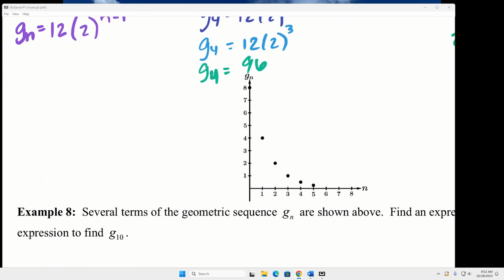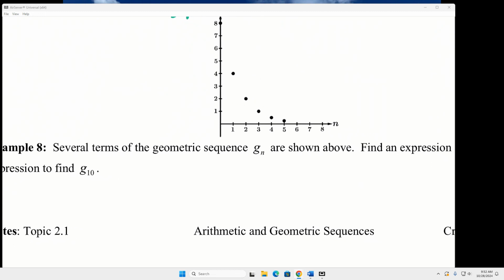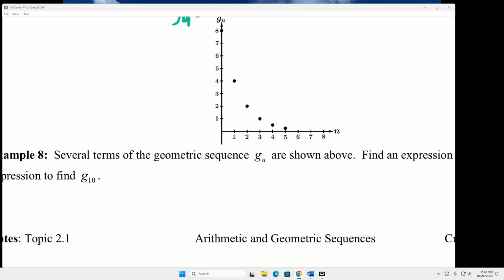Okay, and then I have a sequence, and we're going to write a formula for G sub n. So I want you guys to pick any of those points and write a formula for G sub n, and I'll write down all the ones that are possible. Now, I'm not going to do the super small fractions, by the way.